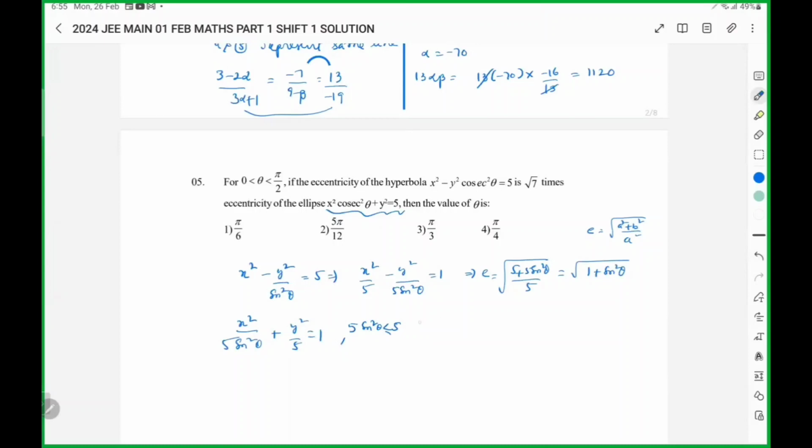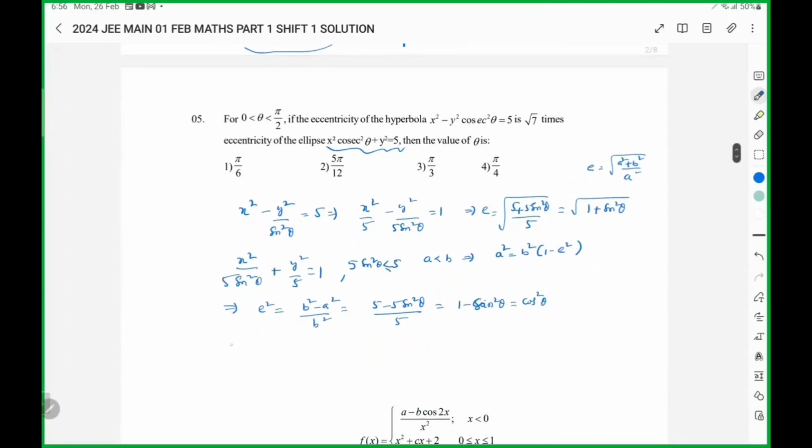So now A less than B, to find out eccentricity, we write. So from there, eccentricity is 5 minus 5 sine square theta by 5, which is 1 minus sine square, that is cos square theta. The given eccentricity of hyperbola is root 7 times ellipse.